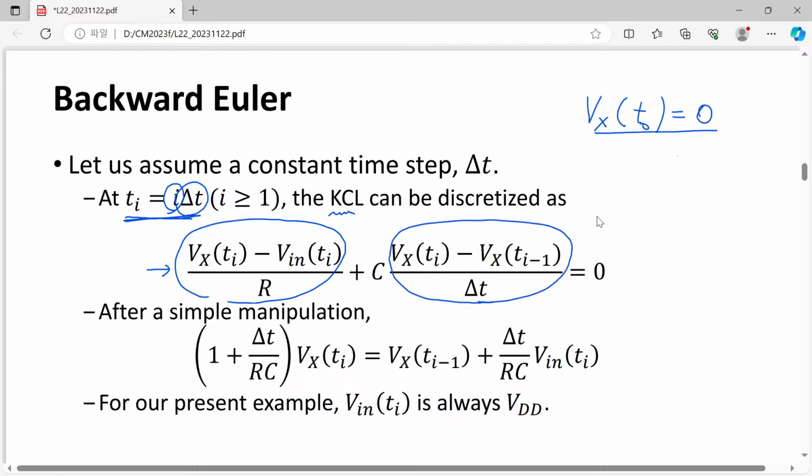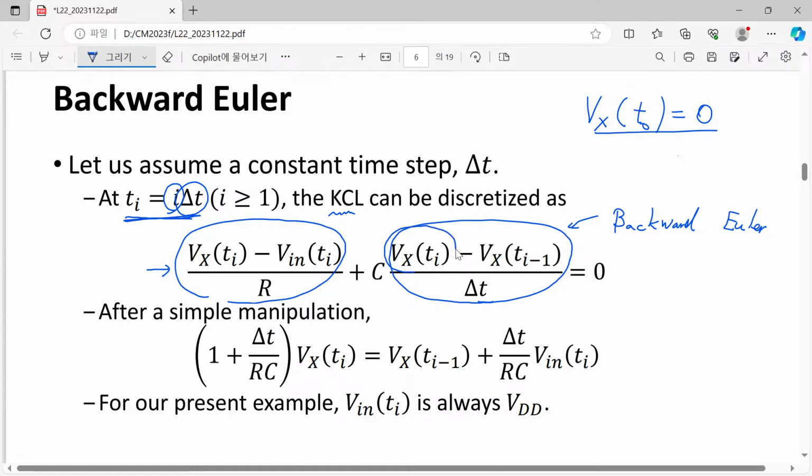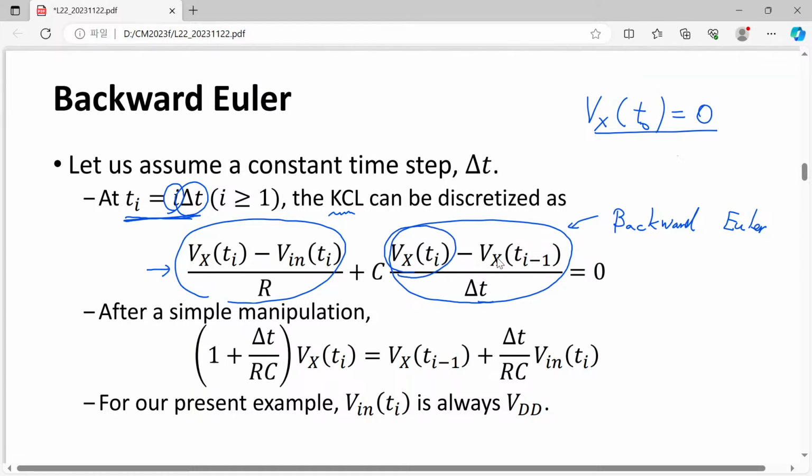Here we have applied once again the backward Euler scheme. So now we take the difference between the present value of our voltage and the previous value of our voltage.